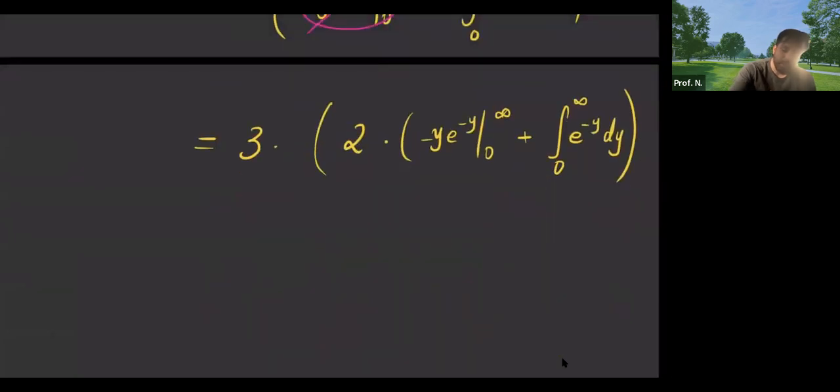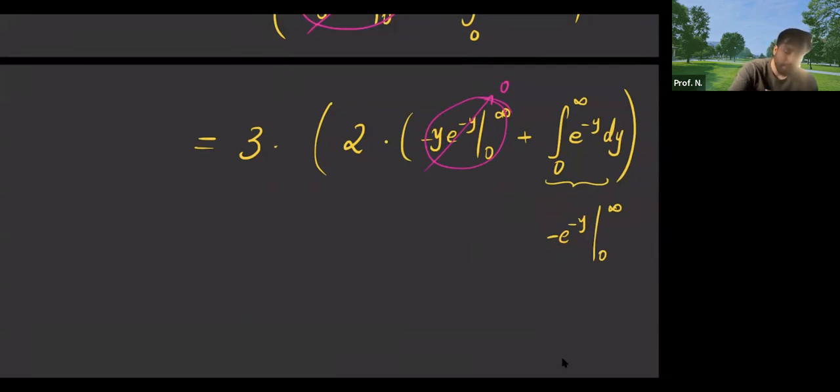Because when you integrate this, we know that this will equal 0. And this here, when you integrate, you get negative e to the negative y from 0 to infinity. When y goes to infinity, this expression goes to 0. This becomes minus e to the 0th power, which is minus a negative 1, which is positive 1.